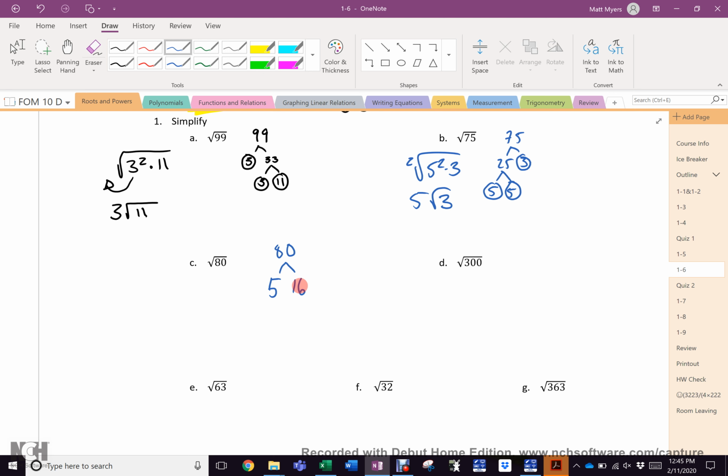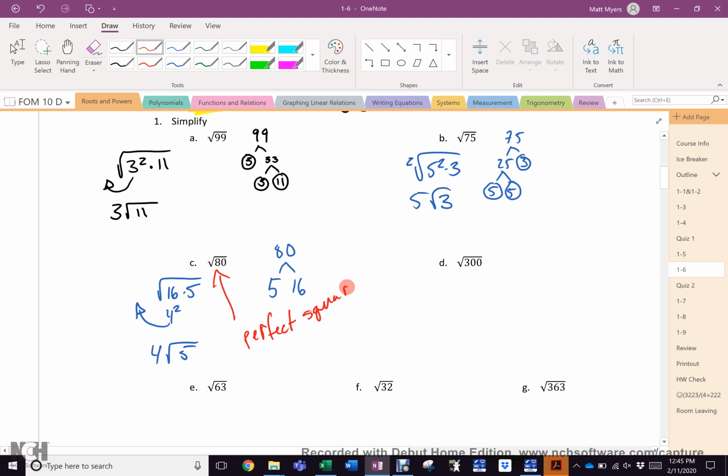And we can stop it here because this is really the root of 16 times 5, correct? Does 16 have a square root? Yes. And if you have these memorized, you know that that is going to be 4 squared. And you know what's coming out? 4. And what stayed under there? 5. So if you can ever find perfect square factors, you can make your life a lot quicker, can't you?